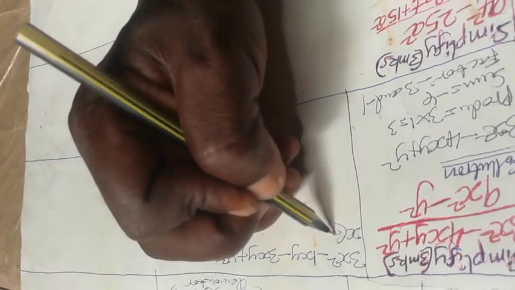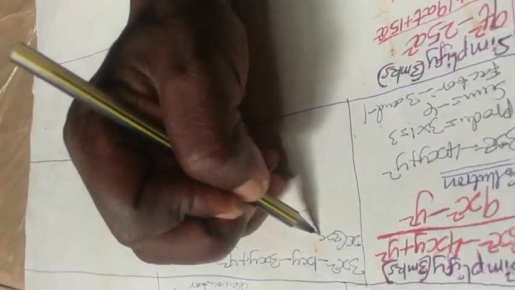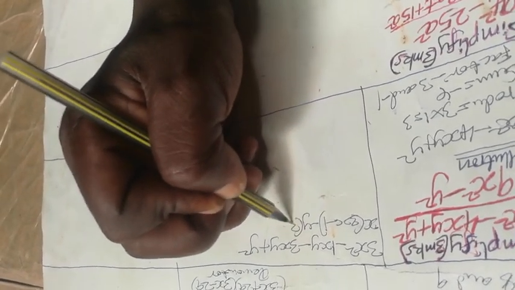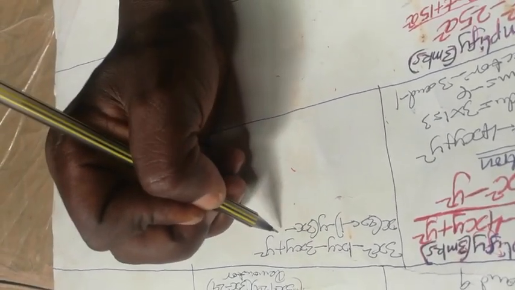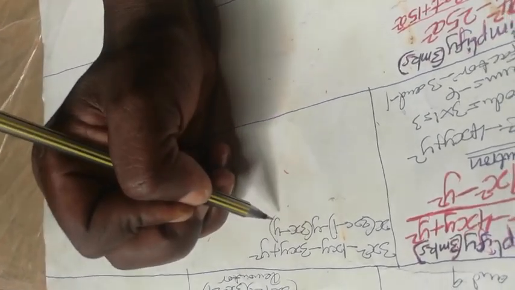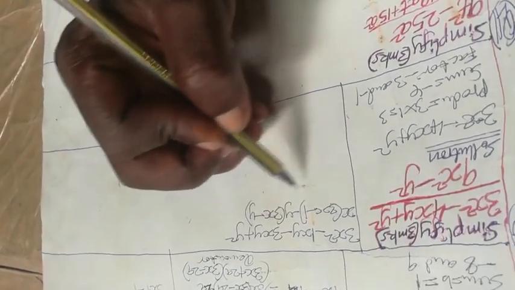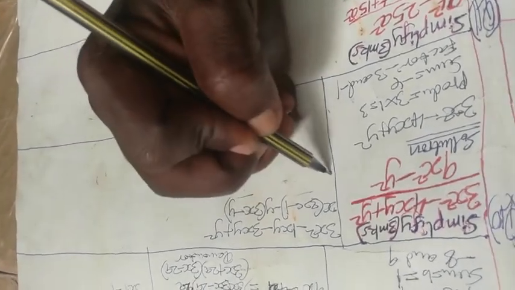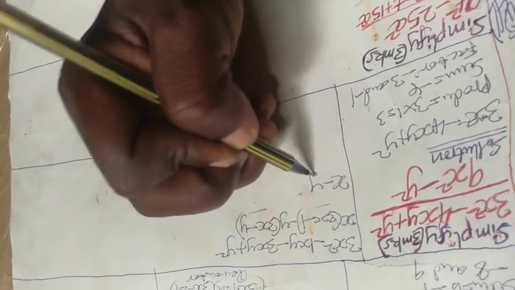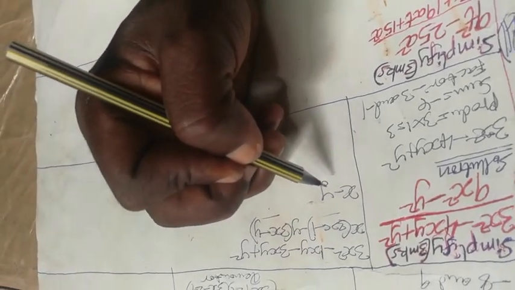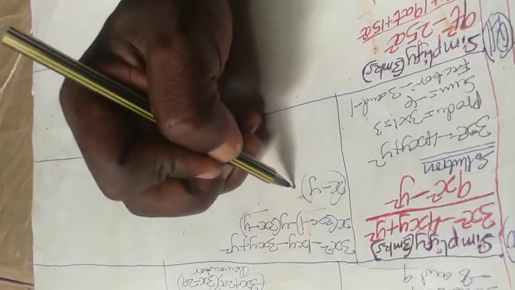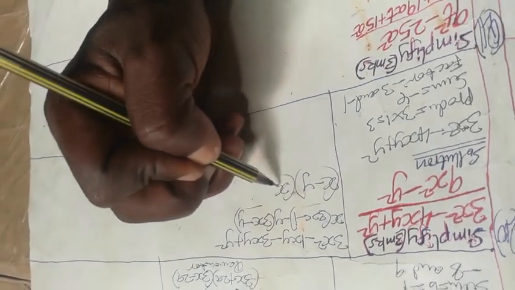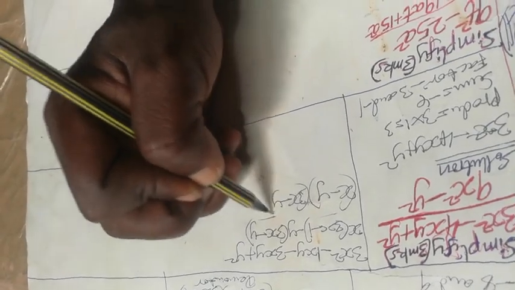We say x into brackets 3x minus y, minus y into brackets 3x minus y. We see that 3x minus y is common. We say x minus y into brackets 3x minus y.